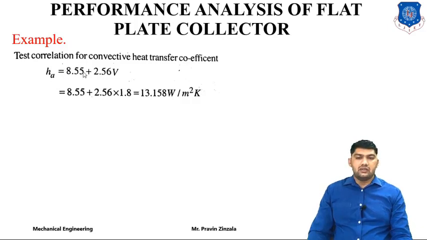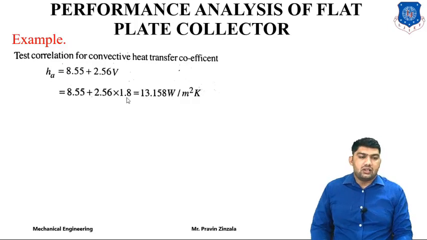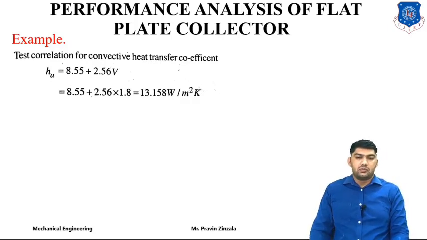We are also given 8.55 plus 2.56 into V, where V is the velocity of wind, because the wind velocity causes one type of loss, so we also have to consider it. You have to remember this equation. Inserting the value of 1.8, the final result is 13.158 watt per meter square per Kelvin, the convective heat transfer coefficient.